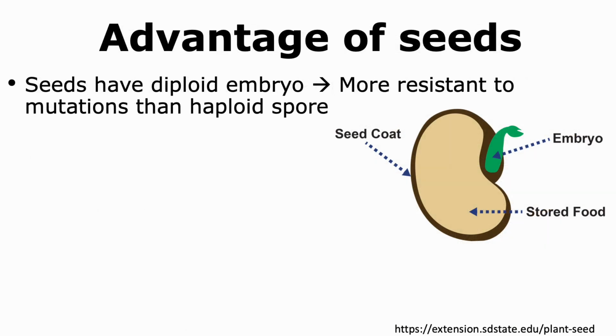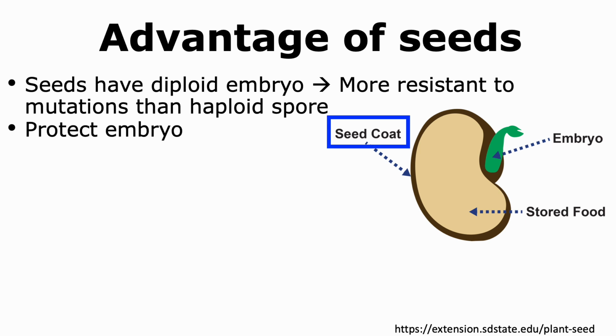Seeds are similar to spores that are observed in non-vascular plants as well as seedless vascular plants, in that they both can withstand harsh conditions. However, since the seed has a diploid embryo, it is more resistant to mutations than spores are, which are haploid. The seed is able to protect the embryo because of the seed coat, which envelopes the embryo.